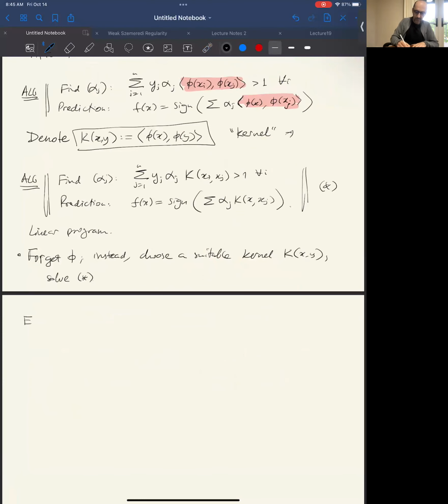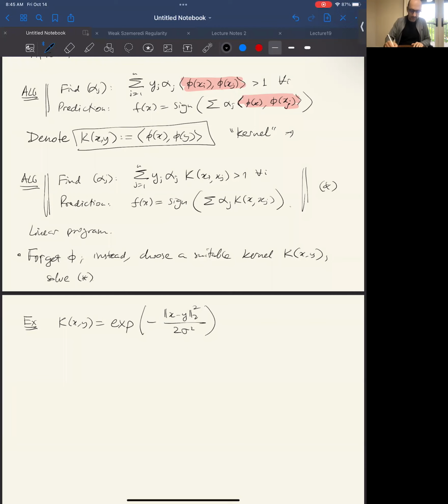For example, k of x, y, I'm just guessing, but this is a standard one. If you don't know how to find kernels, use this one: exponential of minus the norm of x minus y squared over 2 sigma squared.